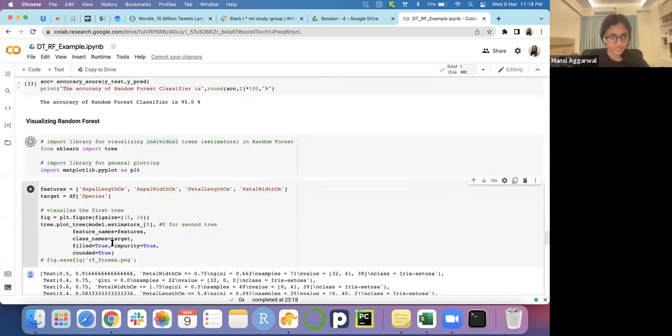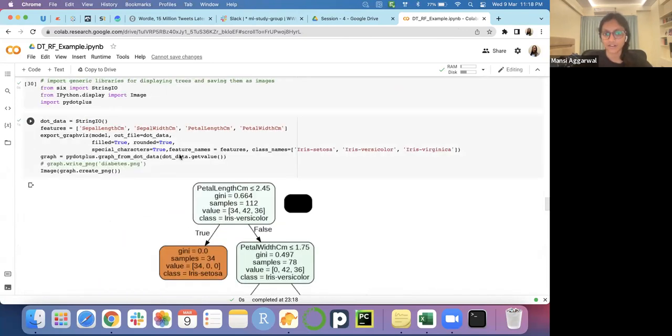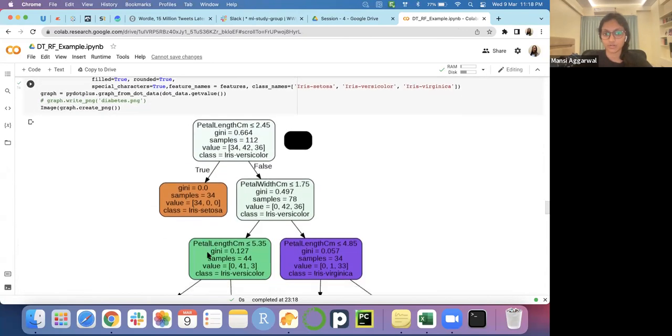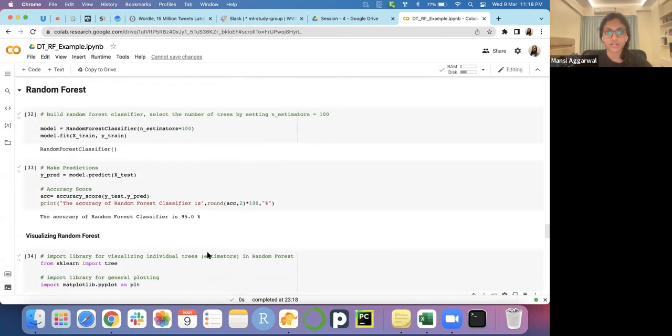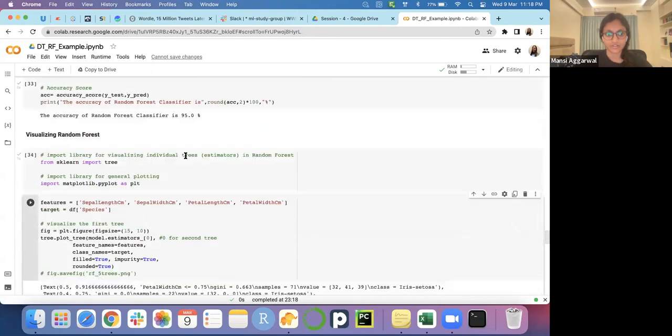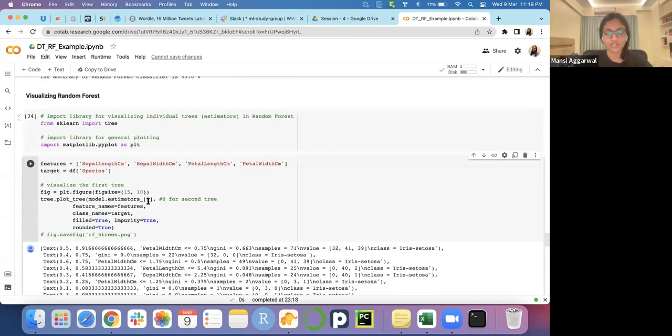Importing certain libraries. Here there is a small change. Where before we had only one tree, so we plotted the one tree. But here we have 100 trees, so we need, for example, the first tree, and indexing starts from 0 in Python.